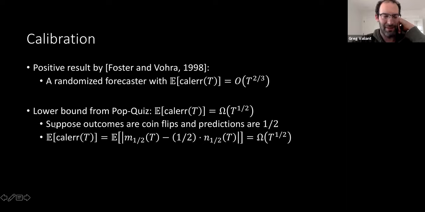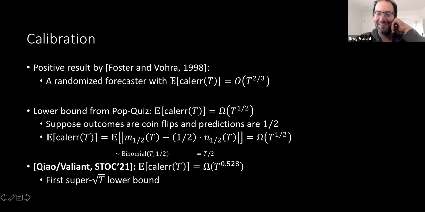And there is the trivial lower bound that we saw in the pop quiz, corresponding to the outcomes being random coin flips. That gives you a square root T calibration lower bound. And before our work, the gap between these was completely untouched.